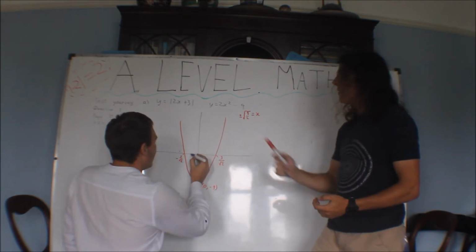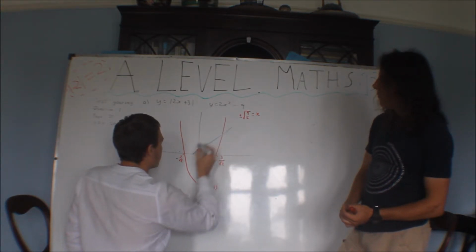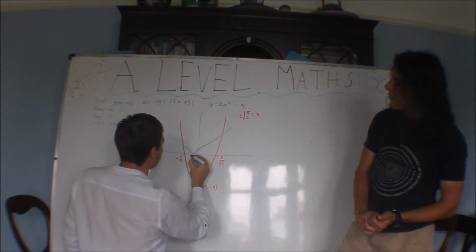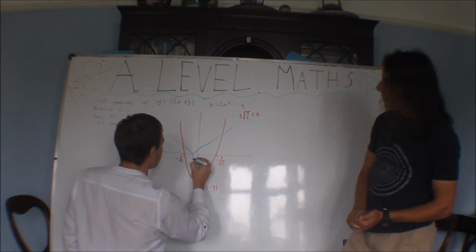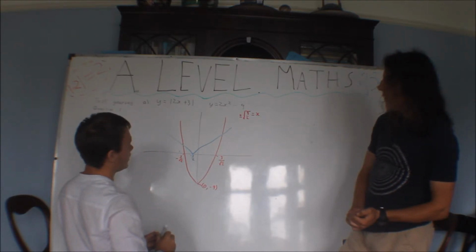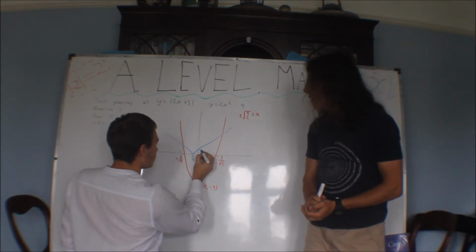So this one is less than. It's about the same steepness, but it's not a curve. And this point here is going to be minus 3 over 2, as we just said. And this point here should be 3, when x equals 0. So that bit's sorted.